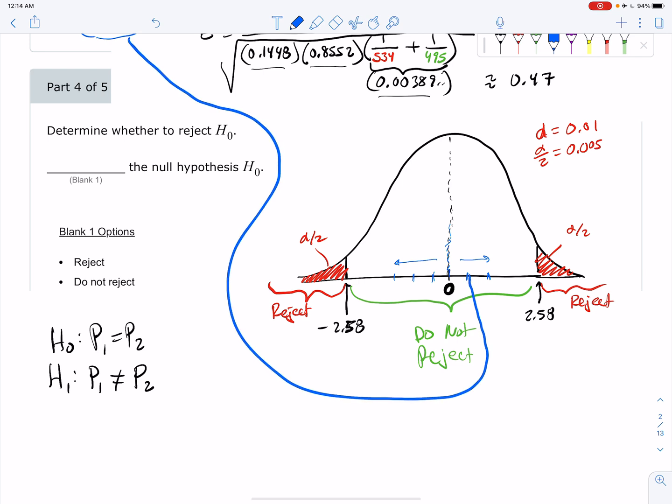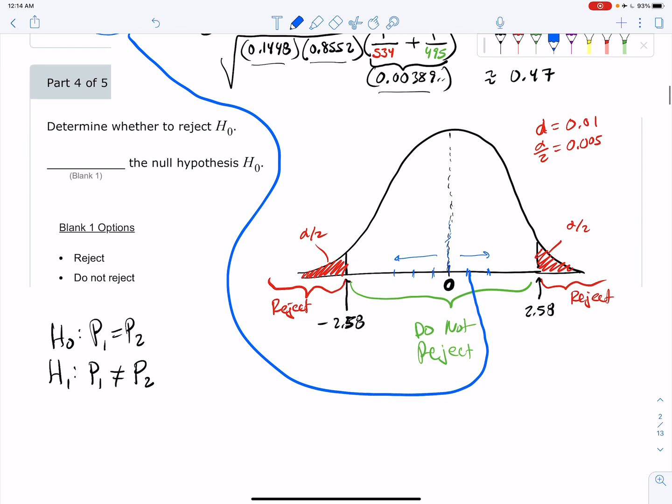So there's my test statistic at approximately 0.47, and that's definitely in the region that we would expect it to be. So we do not reject, and when you do not reject, you really don't get a great strong statement.